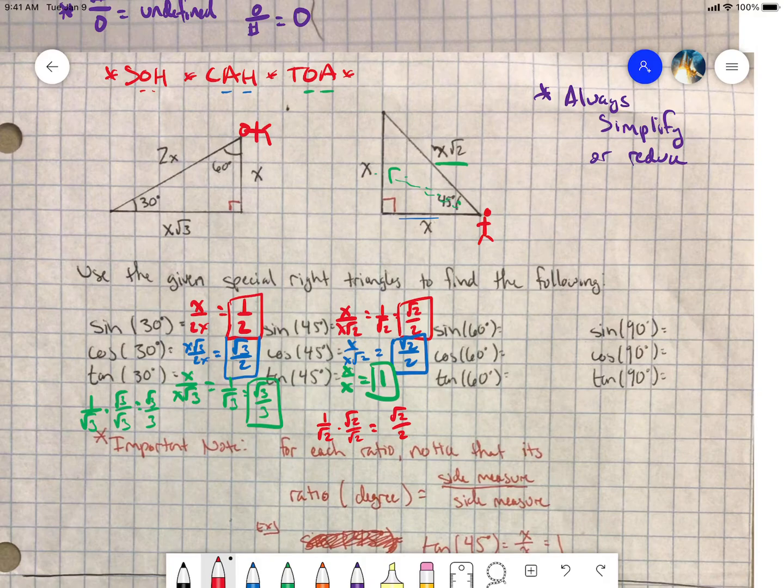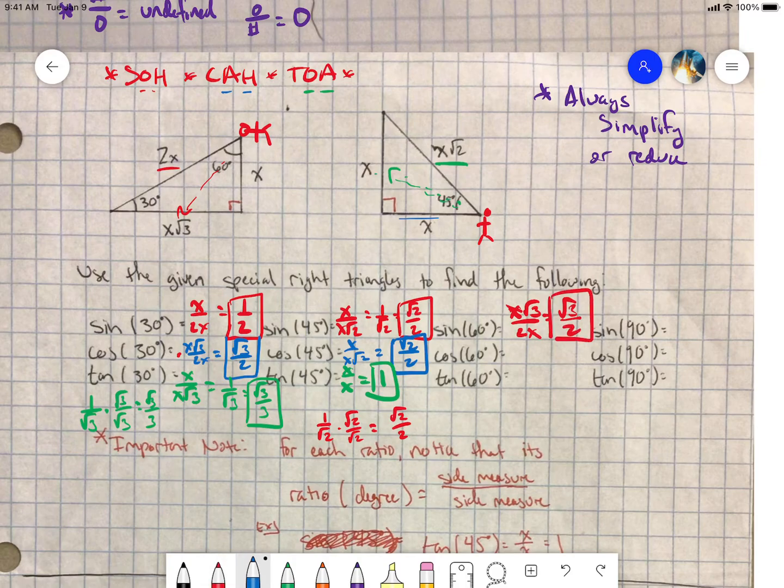Okay, perfect. It'd be x rad 3 over 2x, because again, it's opposite over hypotenuse, which simplifies to just, again, my x's will cancel out, and I'm left with just rad 3 over 2.